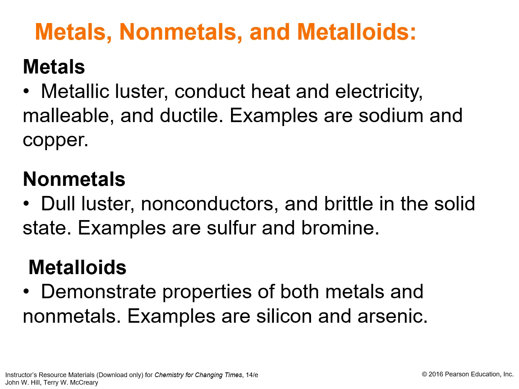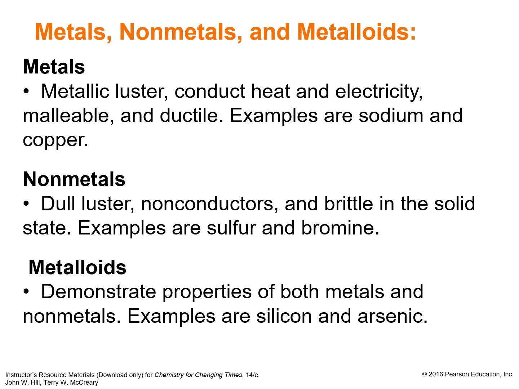Okay, the last point here is where are the metals, the non-metals and the metalloids in the periodic table, and what are they? And you will study more about it in the lab. So metals are classified with a nice metallic luster. They are good conductors of heat and electricity. They are malleable and ductile.